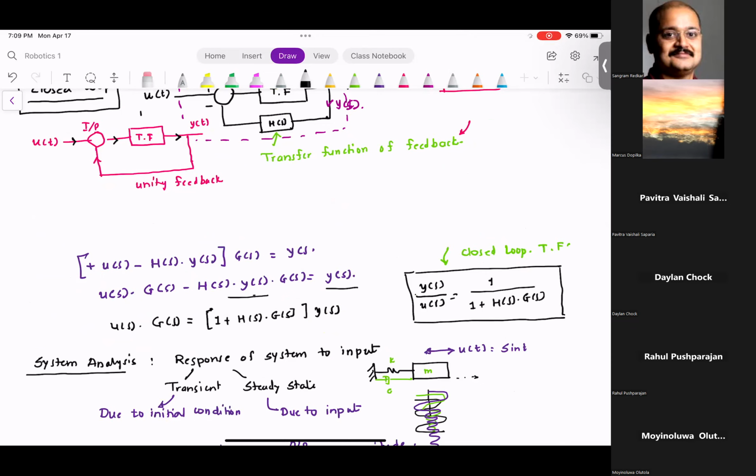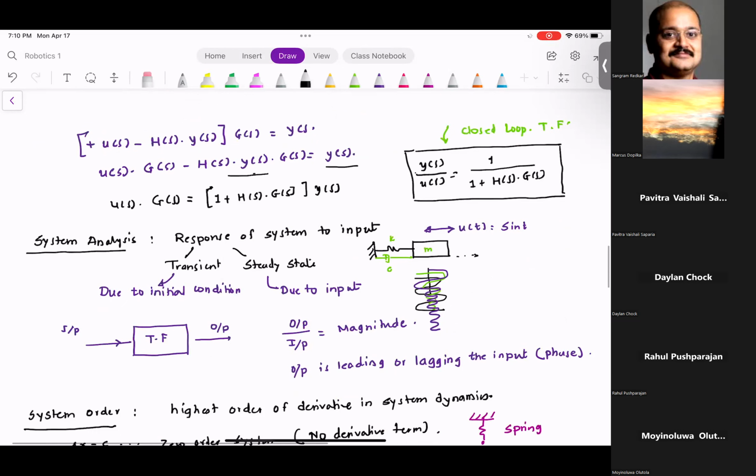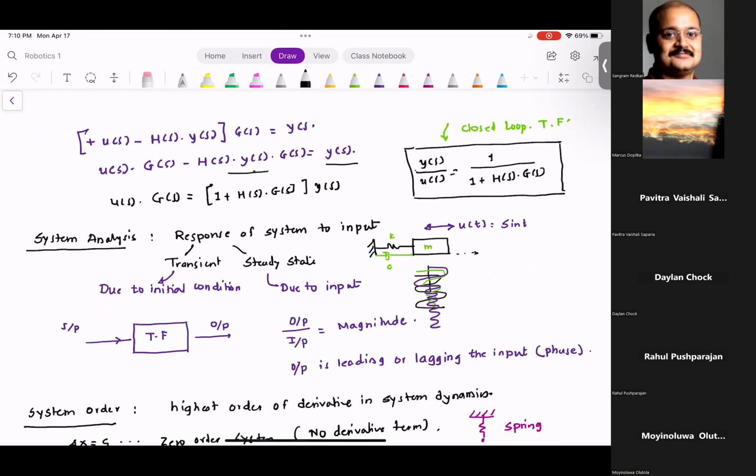Now, when we look at system analysis or robot analysis, we want to understand the behavior of the system when there is some perturbation or external change. There could be a transient response or transient behavior of the system, and there could be a steady state behavior. The transient response is dependent on the initial condition.